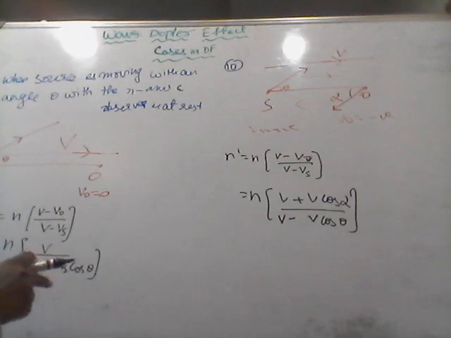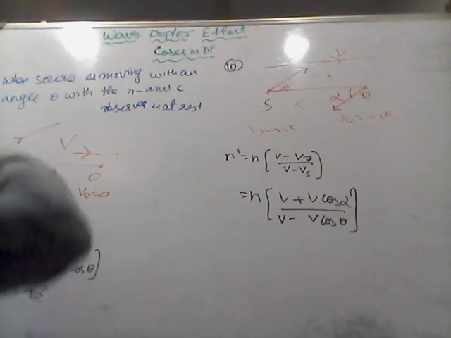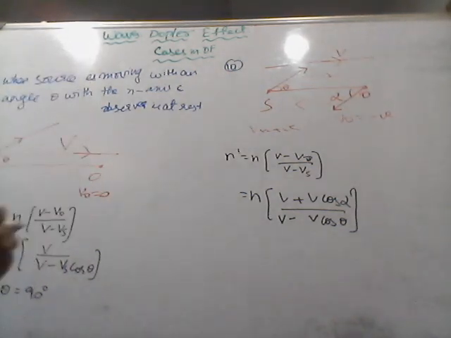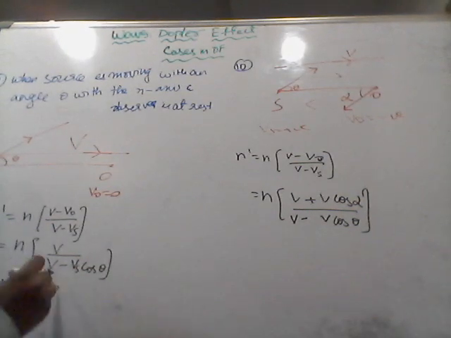Okay, and in this case, if theta is 90 degrees, can I say cos 90 is 0, V minus 0 is V, V cancels, and again you get n dash is equal to n, no Doppler effect. Let me write it again.